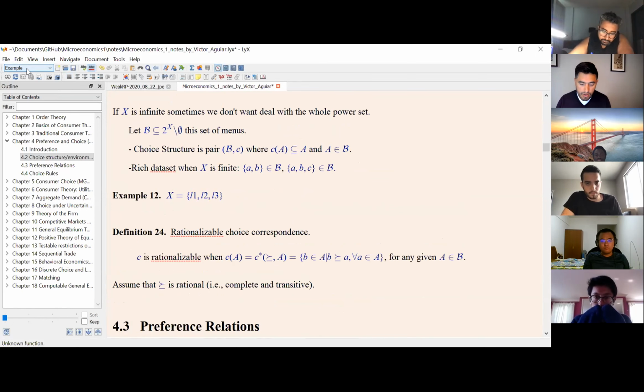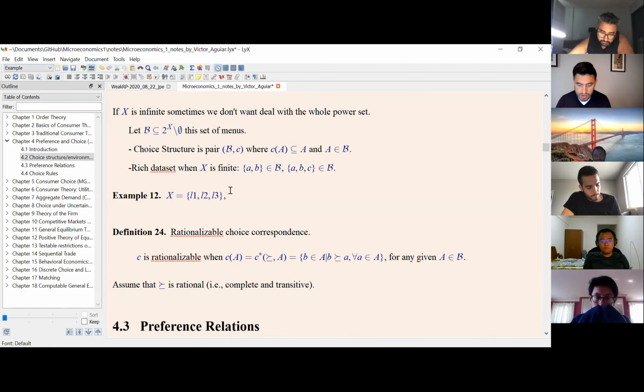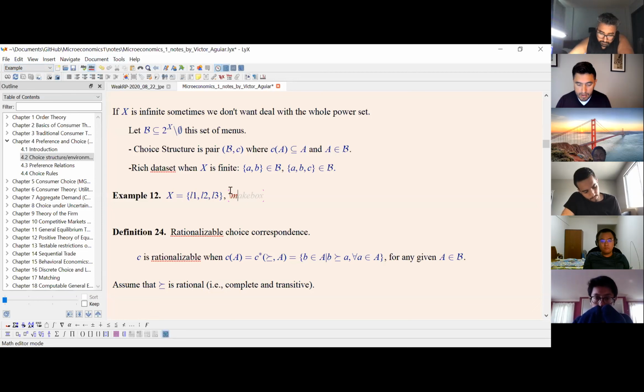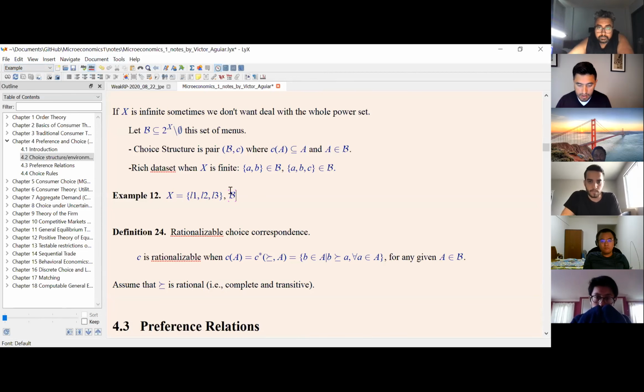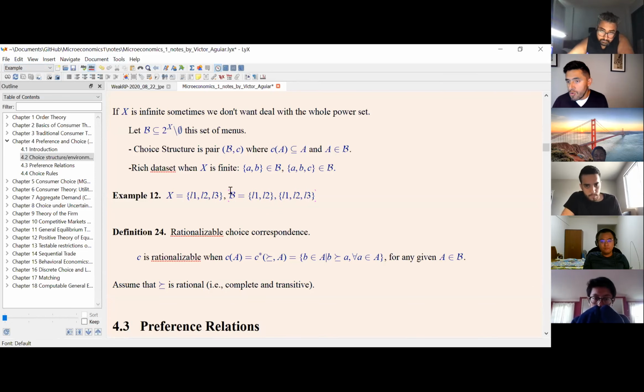An example of this collection of menus, I will do even a simpler one. It's going to be, for instance, the collection of {L1, L2} and {L1, L2, L3}. Only two menus, nothing more.